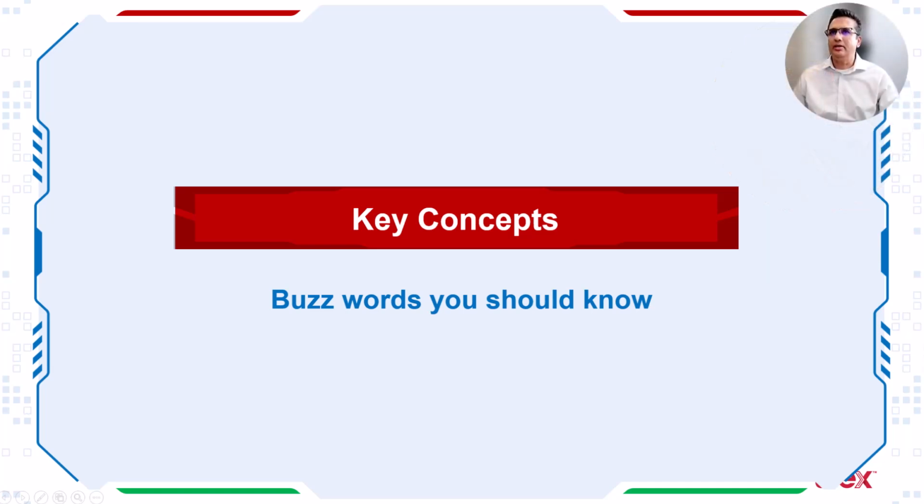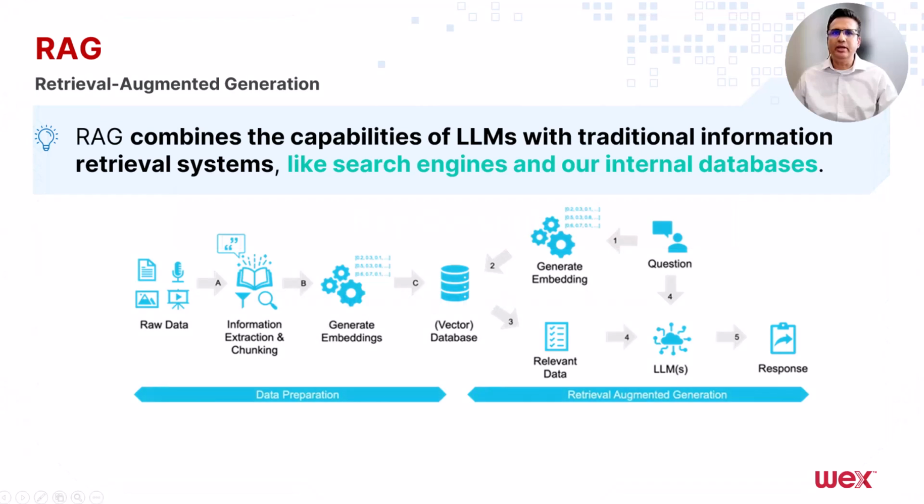So first one is RAG. You'll hear this term very often. RAG stands for Retrieval Augmented Generation. What RAG is, it actually combines the capabilities of large language model and the information that anybody has in their organization or institution or university or private place where there is information in their databases or documents.